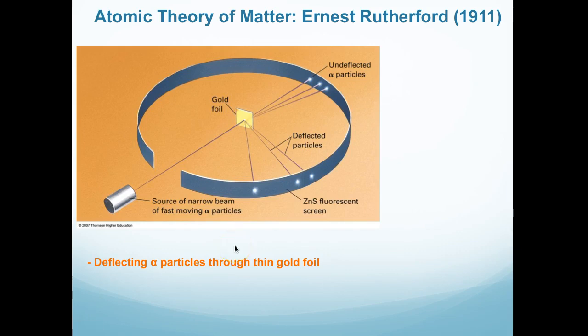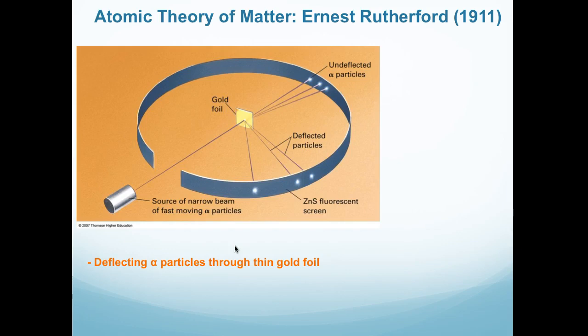So at this point, the picture of what the atom looked like, according to J.J. Thomson, is that we have electrons and protons that are positively charged, and they're basically evenly distributed throughout. Rutherford came along and performed this experiment because he had a different theory to test.